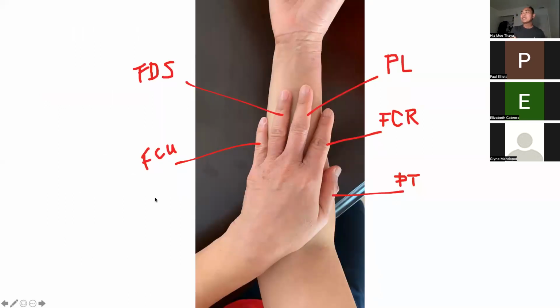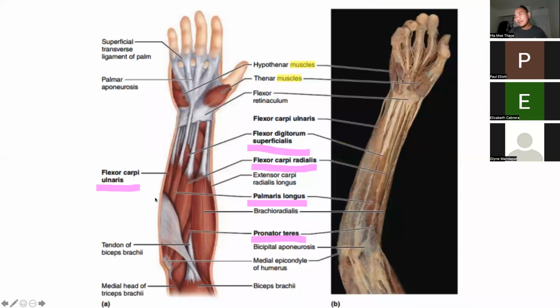Okay, so that is what it is. Now, if we look at pronator teres, it is really short. It originates from the medial condyle, which we call common flexor origin, because all these superficial group of muscles originate from that site, medial condyle.